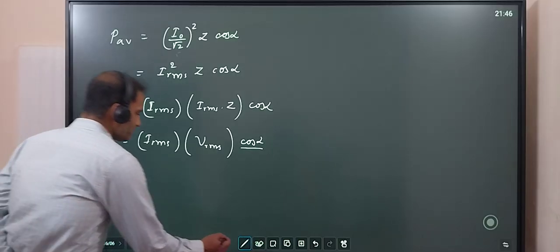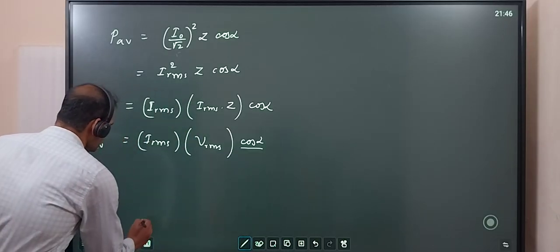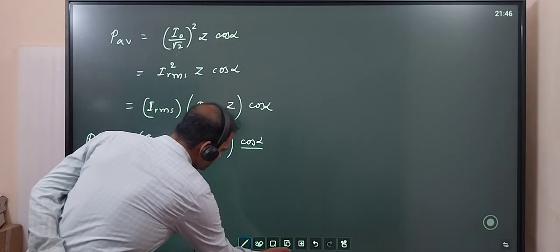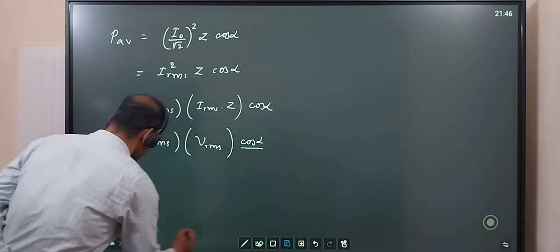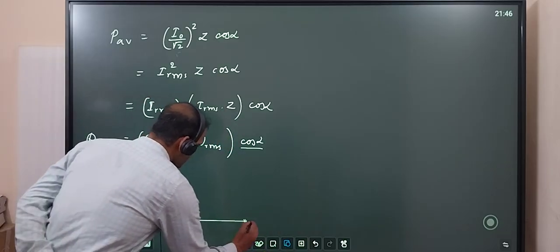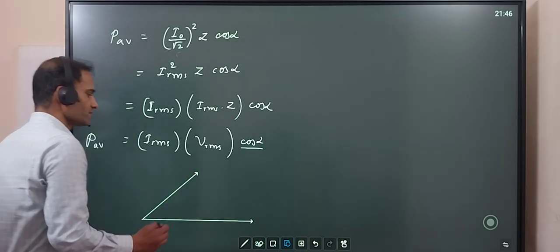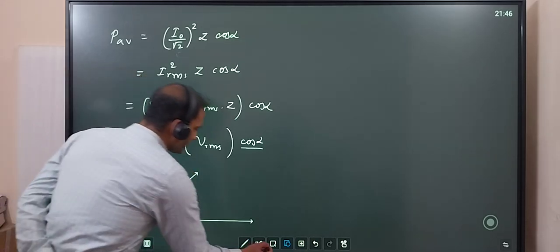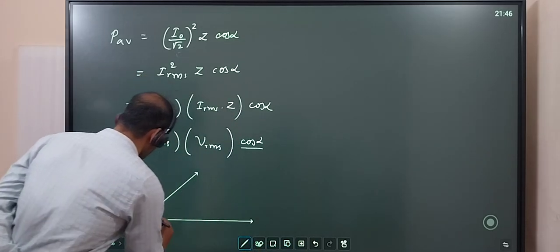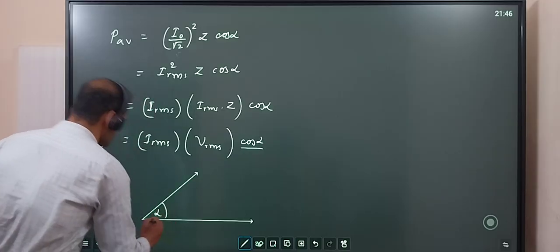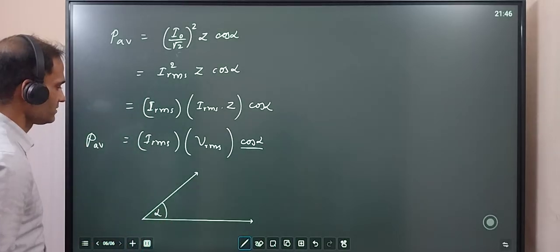So what is happening here? Suppose this is a current phasor, and suppose this is a voltage phasor. Okay, the phase angle between them is alpha.